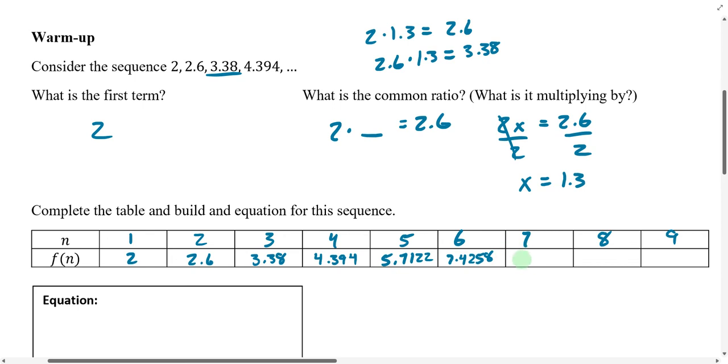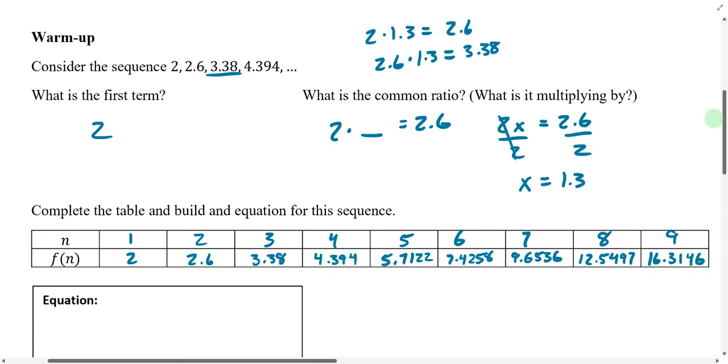We should get 9.6536. And then one more time, we get 12.5497. And then one more time, we get 16.3146. Okay, so now we have our table.